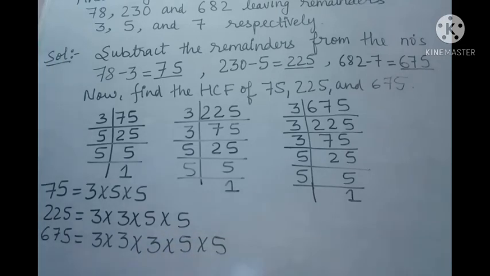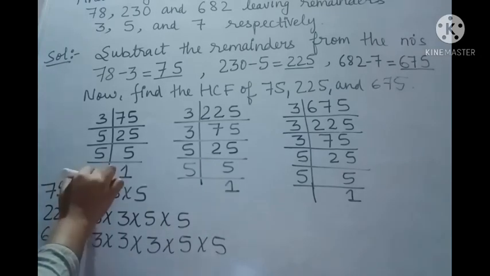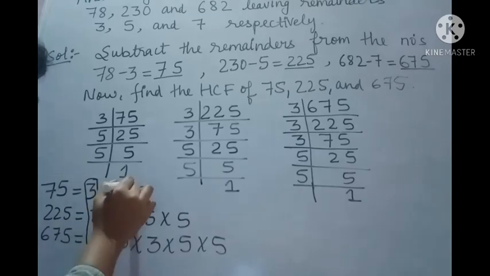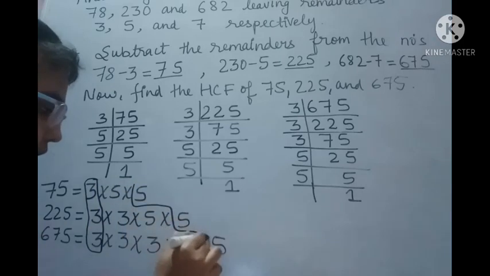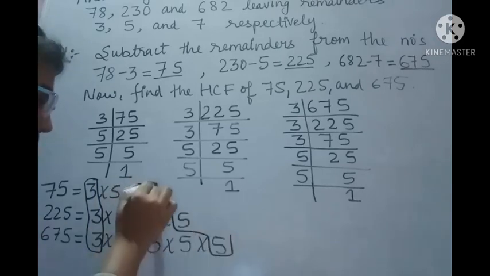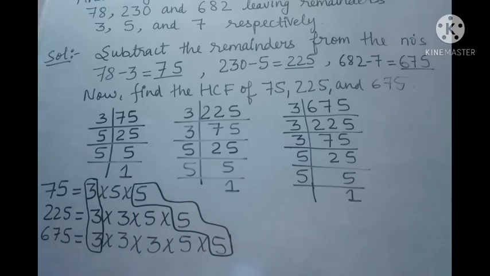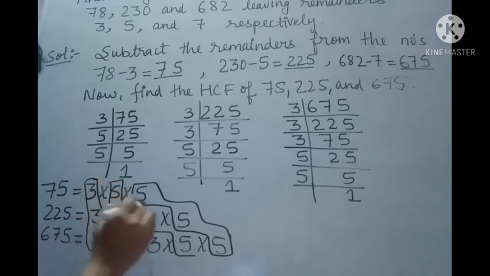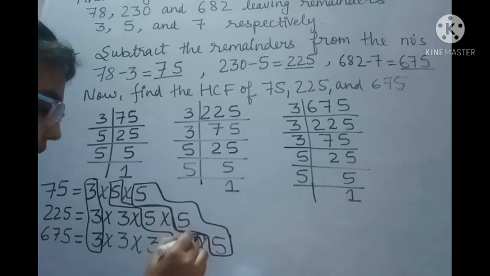Now we need to find what is common among these numbers. In all three numbers, which factor is common? The very first 3 is common. And in the last part you also have 5 common. This 5 is also common, and one more 5 is common as well.